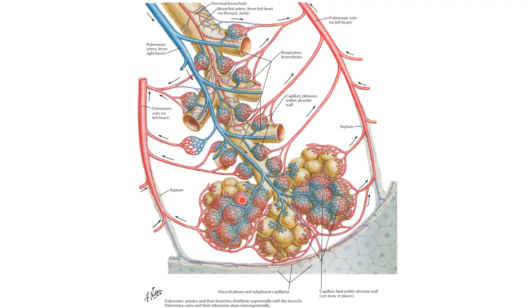And because the pulmonary capillary is very thin-walled, gas exchange occurs, and the blood is then drained by the pulmonary vein, which is now oxygenated. And the pulmonary vein will go into the left side of the heart, left atrium, left ventricle, and then into the aorta to supply oxygen and blood to the rest of the body.